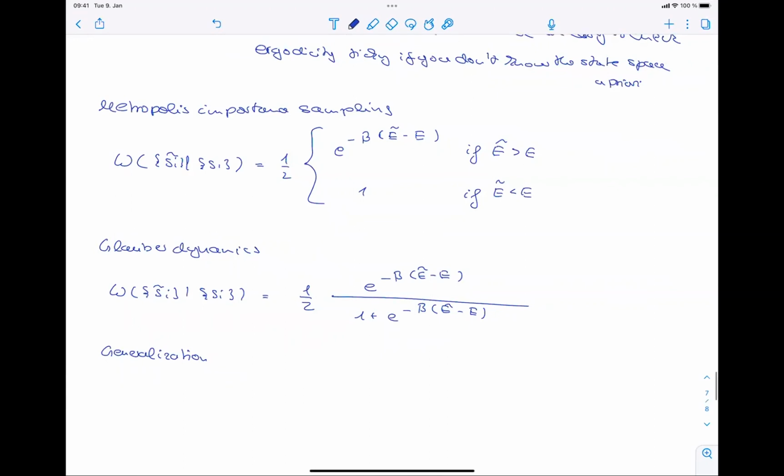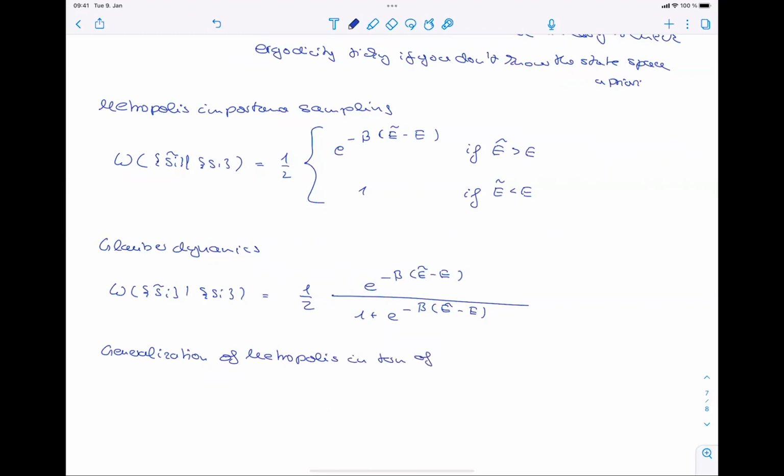And this can be generalized in terms of the probability to accept a transition.